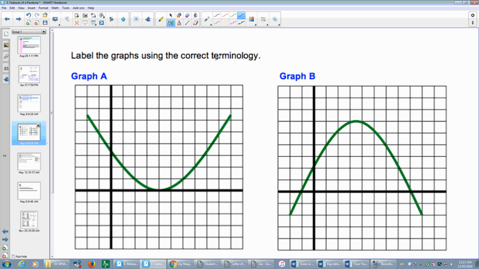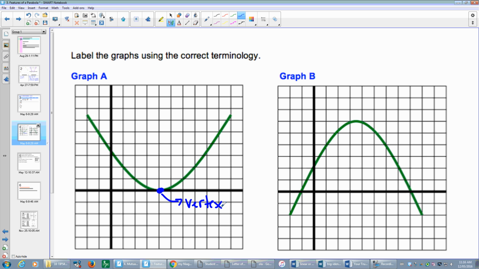It's the point where the graph changes direction. Where do you think you would point for that? Beautiful. So I want everyone to draw this point in right here. This is our vertex.